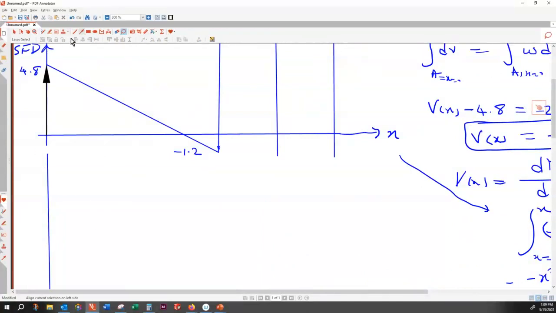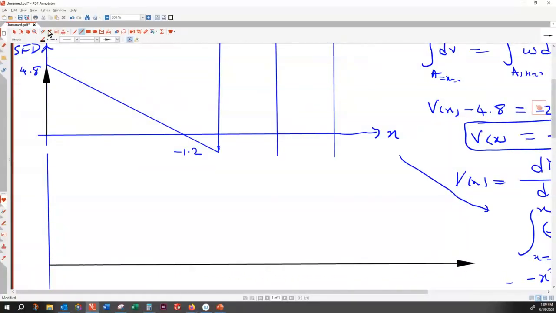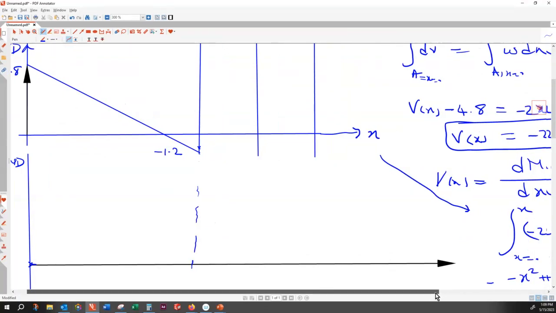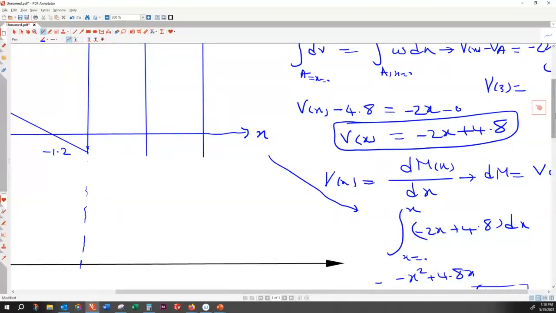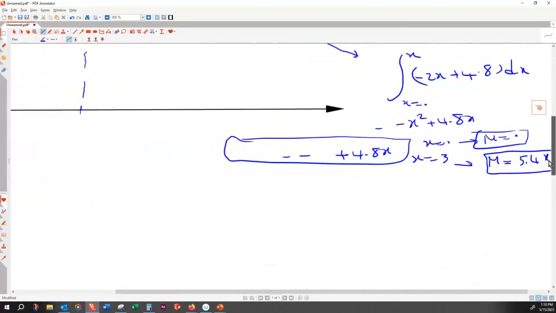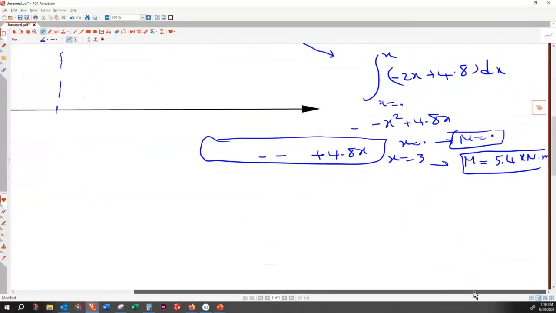So the second plot is my bending moment diagram. It starts from 0, and at this end, if I plug in x equal to 3, M of 3 is 5.4.